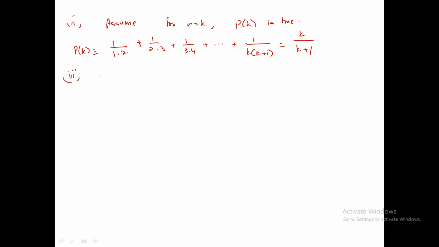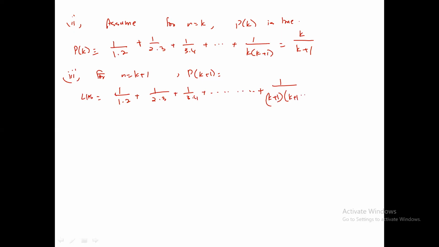But now for n equal to k plus 1, I will take P of k plus 1. On left hand side I have 1 by 1 into 2, 1 by 2 into 3, 1 by 3 into 4, and it goes on. I will put n as k plus 1: 1 by k plus 1 into k plus 1 plus 1.